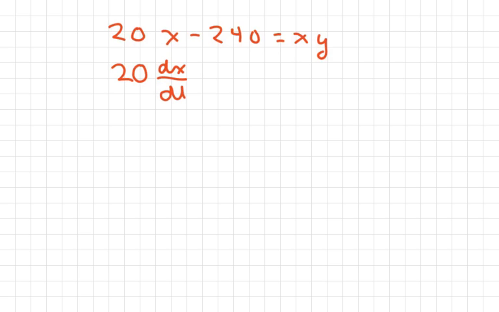Now let's go back to our equation, and we have 20x minus 240 equals xy. And let's take the derivative, and we're going to get 20 times the derivative of x with respect to t, this goes away, equals x times your derivative of y plus y times your derivative of x with respect to t.